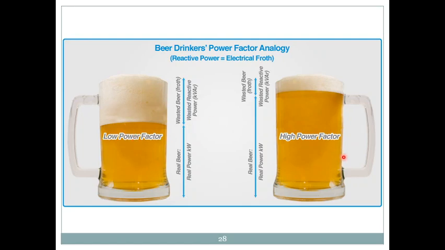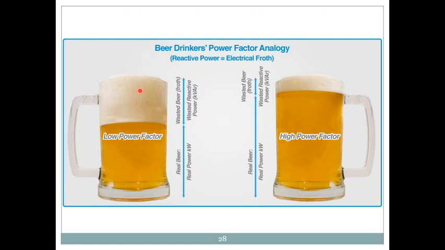What would you prefer, the left hand side or the right hand side? I know your answer is the right hand side, because you have more beer in this case and less froth. In the pub or in the bar, you can't actually avoid this. But in the left hand side case, you have less beer but more froth.